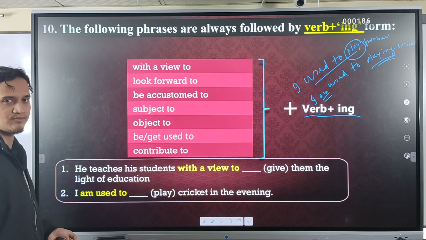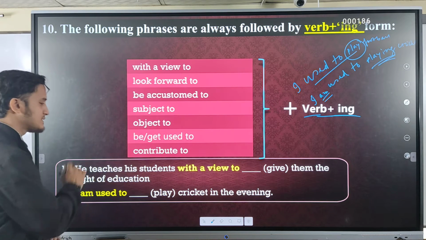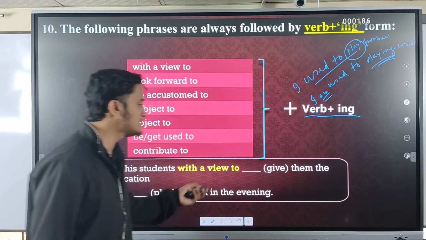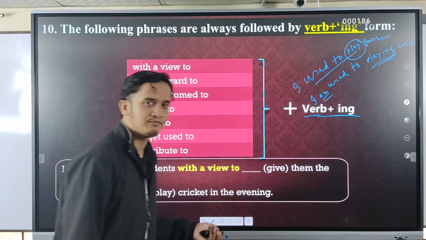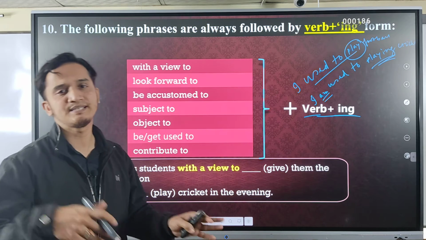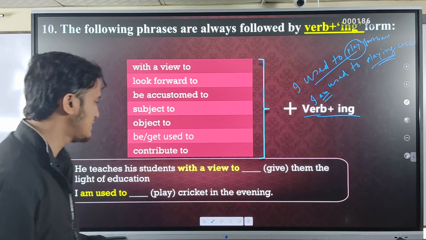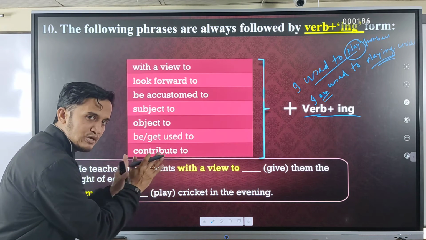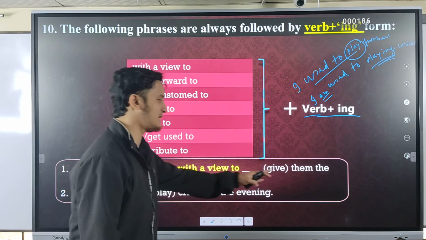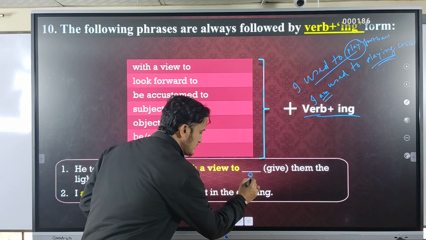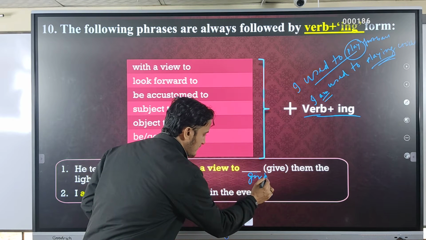He teaches his students with a view to. Basically, to always takes the base form, to makes the following verb into the base form. But whenever you see this phrase with a view to, just transform the verb into present participle form.